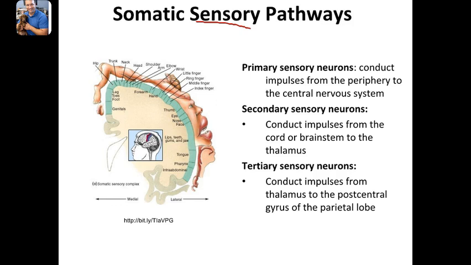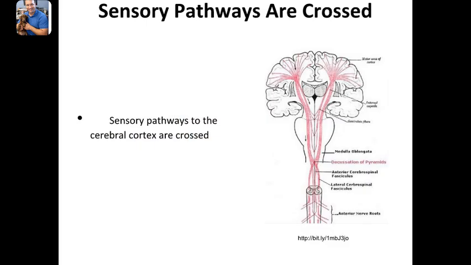Within the medulla oblongata, or the brain stem, sensory information that's coming in, of course, is afferent. It's ascending, going into the brain, going into the nervous system. It's going to cross here. We call that a decussation. Decussation of the pyramids. The pyramids are nervous structures within the medulla.